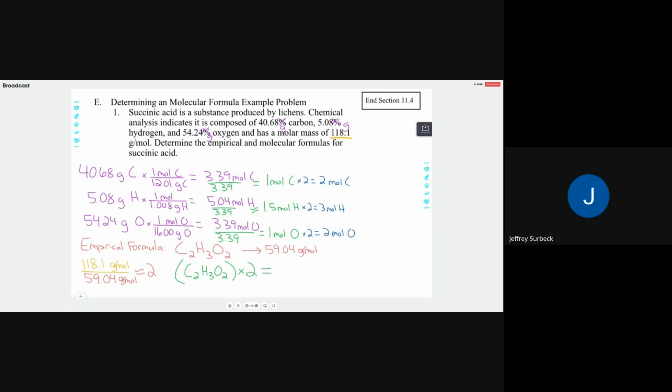So what happens is that our molecular formula becomes C4H6O4. Okay, so it's a multiple of that empirical formula, and this would be called our molecular formula. Questions? Okay, does anybody need this?